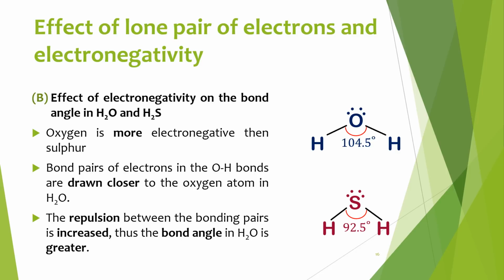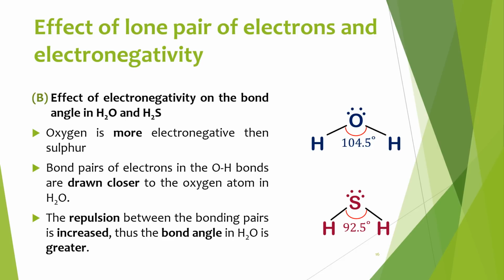So what differs for each of these molecules is the bond angle. Oxygen is more electronegative than sulfur. According to the periodic trend, oxygen and sulfur are in the same group. So going down the group, the electronegativity will decrease because sulfur is located below oxygen.